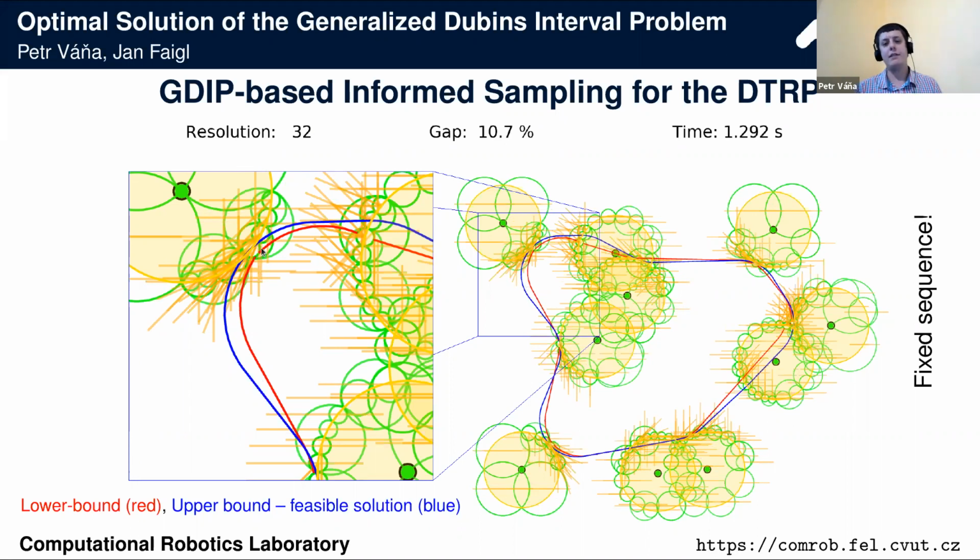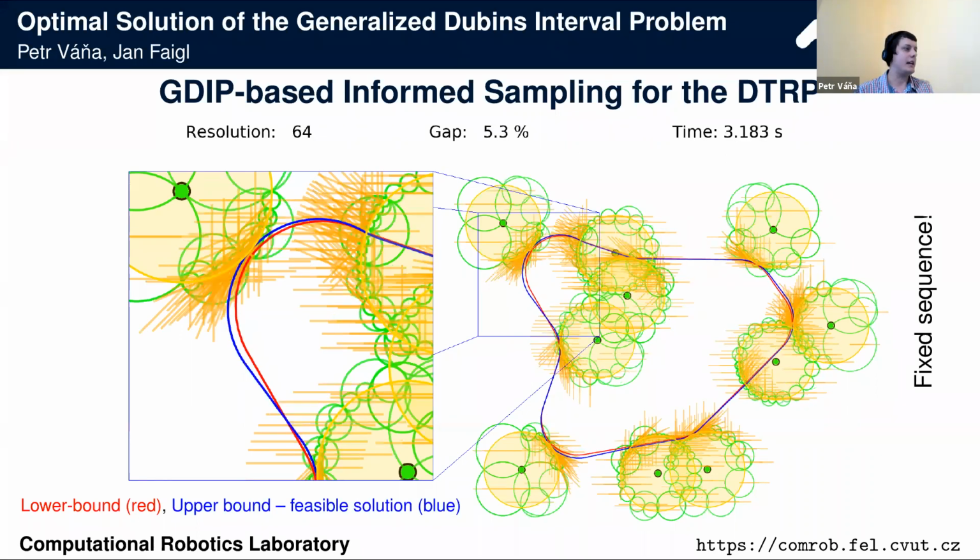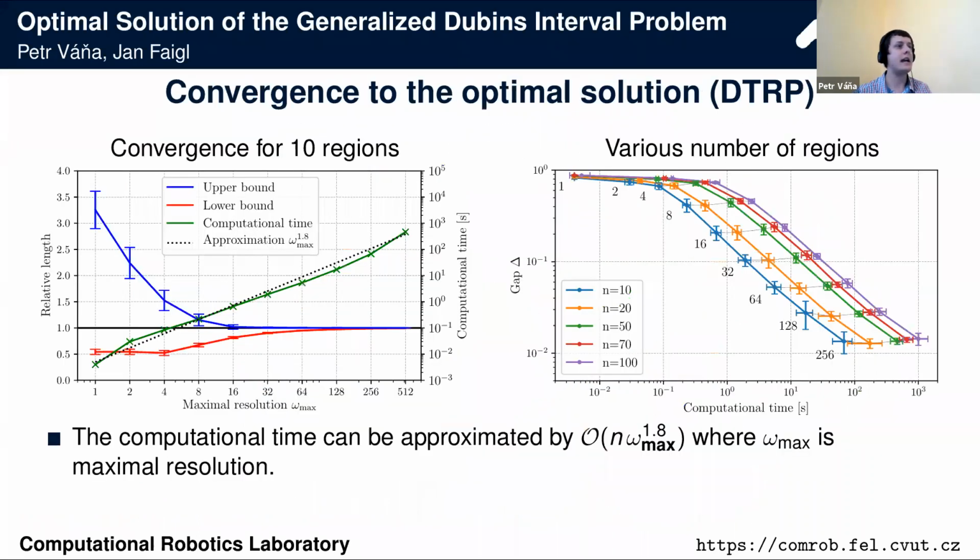We are also able to visualize the lower bound, because for many problems, the lower bound cannot be visualized so easily.